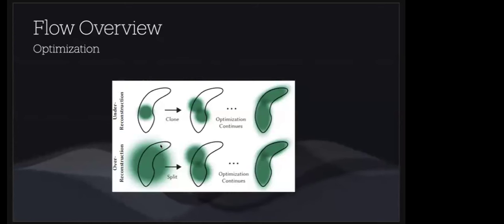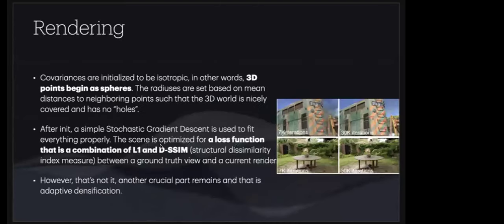And the strategy of periodically setting the alpha value to 0 plays a large role in controlling the overall Gaussians as well. So this is one of the most interesting optimizations that they have done in this paper. For rendering, okay.